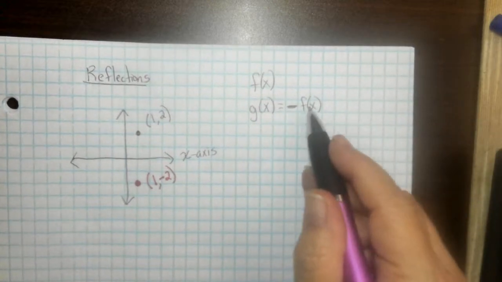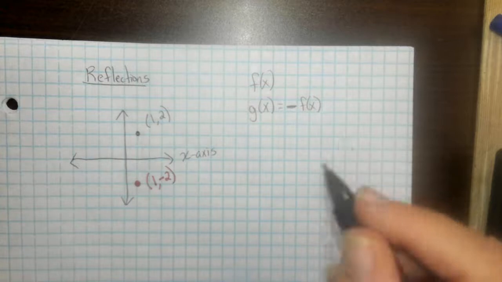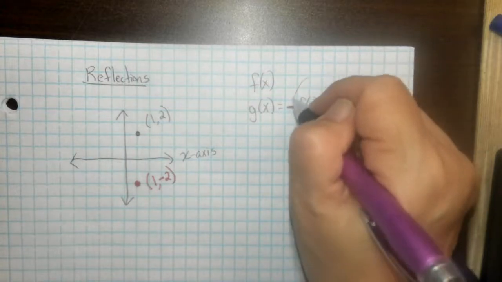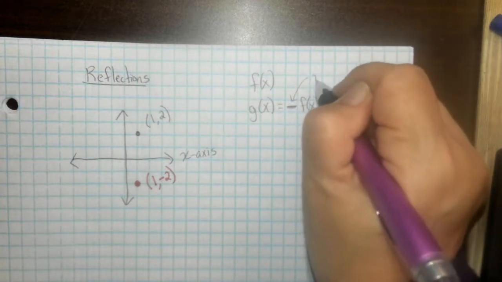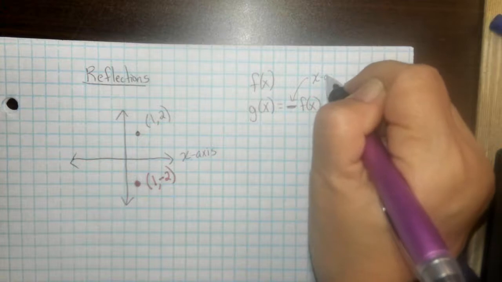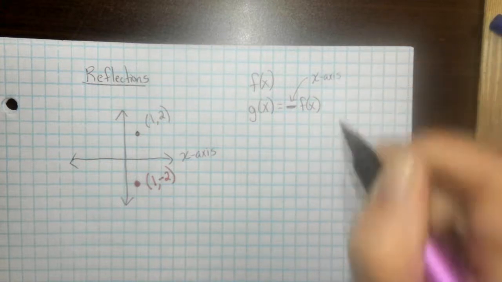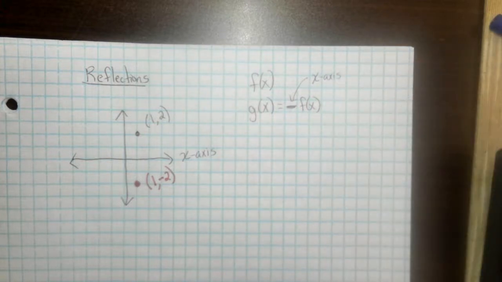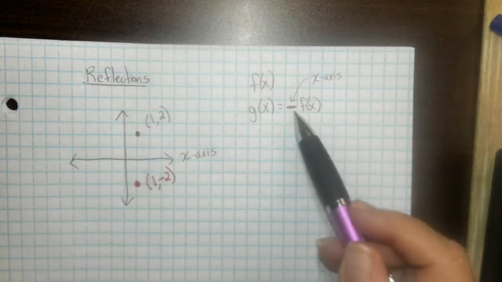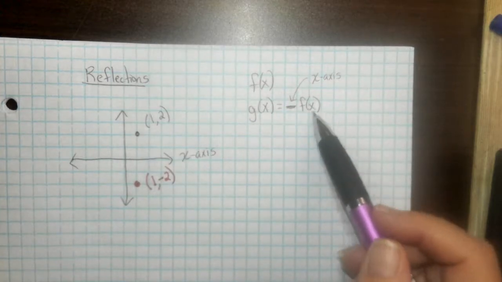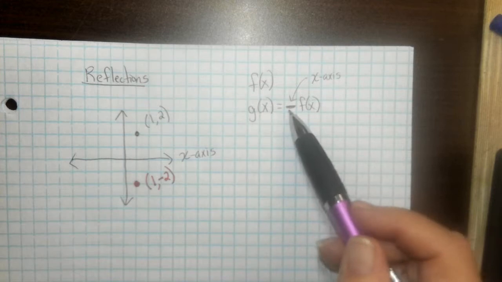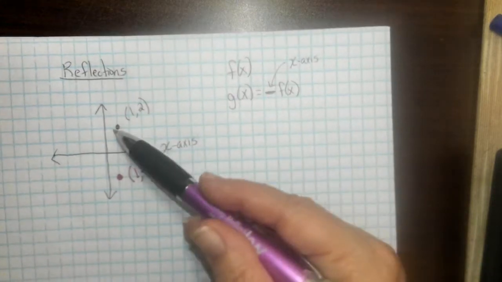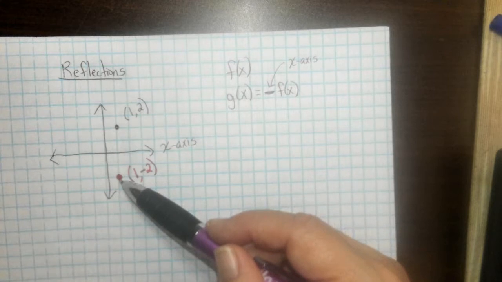So when that negative is there in front, right, that's going to cause a reflection over the x-axis. Because I'm going to do my function, and then I'm going to take the opposite of it. And so the output is what's going to be the opposite.